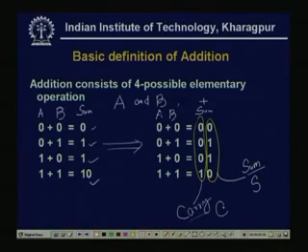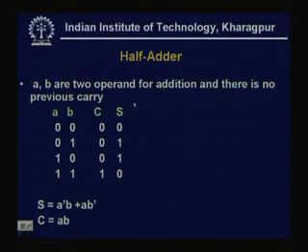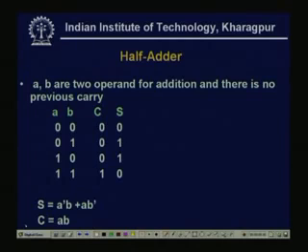Given this problem of addition, now how can we write the adder? I am considering one half adder, and the half adder we define as: there are 2 operands for addition and there is no previous carry, that means only 2 values are added and the operation is already defined.